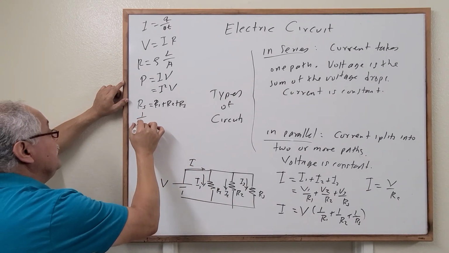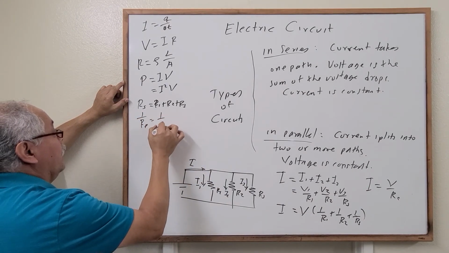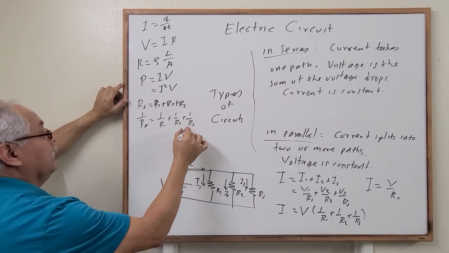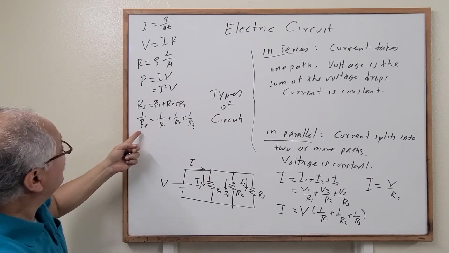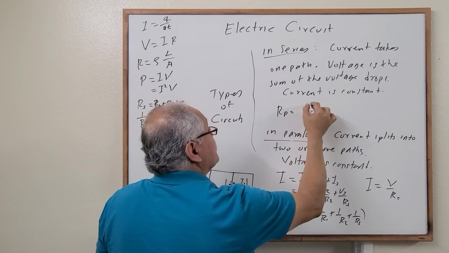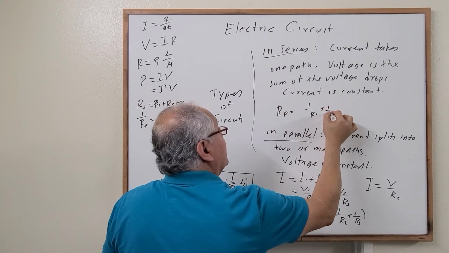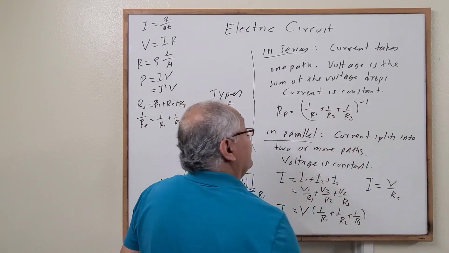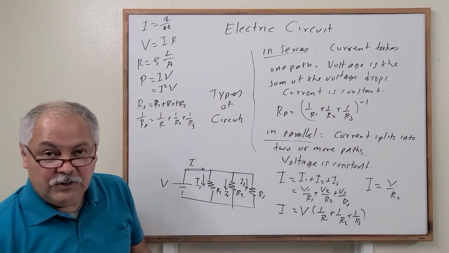And this is in parallel. Of course, we were looking for the total in parallel, which equals 1 over R1 plus 1 over R2 plus 1 over R3, all inverted. It's one way we can do this.